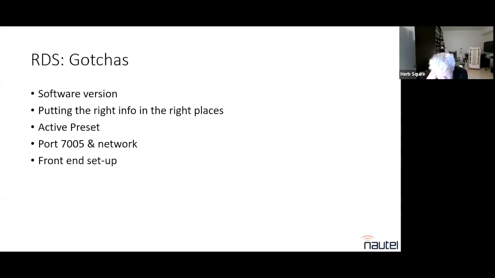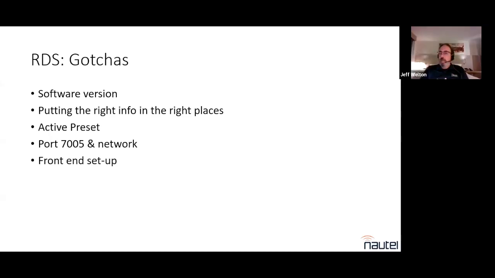By the same token, I've run into a lot of situations where, instead of TEXT equals, some RDS generators like to see RT equals. Well, if you send RT equals to one of our transmitters, as an example, it's just going to sit there and go, I got nothing. If I send TEXT equals to a 732, it's going to say, I got nothing. So you do have to pay attention to the command syntax too sometimes.